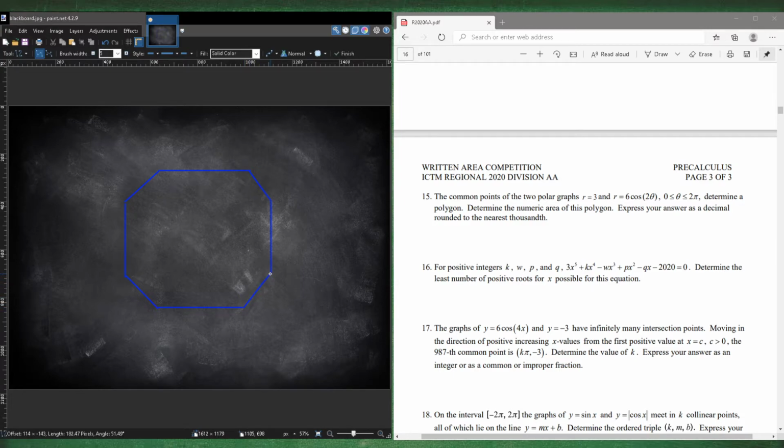So it's something like this, right, where you could split it up halfway. So split it up right here, and we could split it up right here.